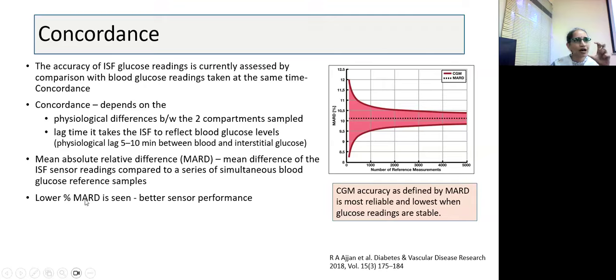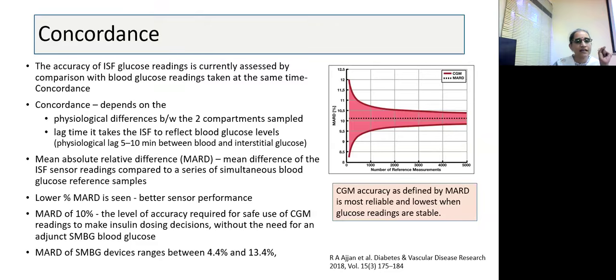The lower the MARD, the lower the relative difference and the more accurate the device is. CGM accuracy is defined by the MARD, which is the current standard to assess the accuracy of a CGM device, and a MARD less than 10% is considered appropriate. So what is the MARD of our SMBG, the glucometers? It again ranges from 4.4 to 13%.